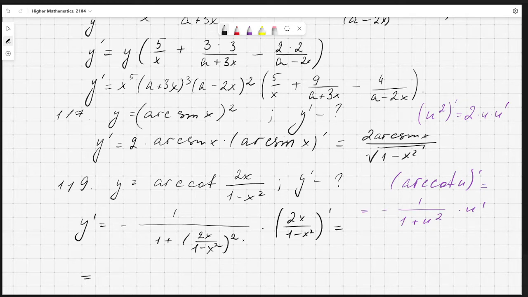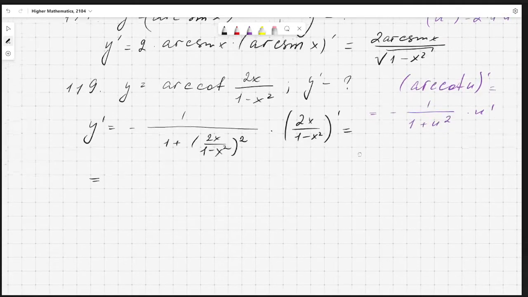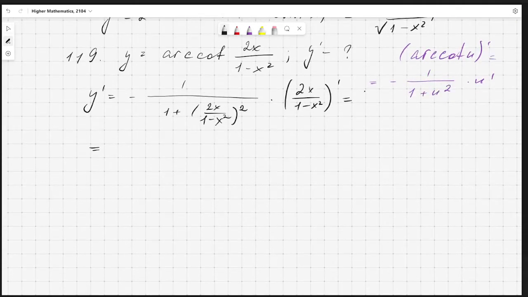I multiply by 1 minus x squared squared, numerator and denominator of our quotient. We will have 1 minus x squared over 1 minus x squared plus 2x squared.